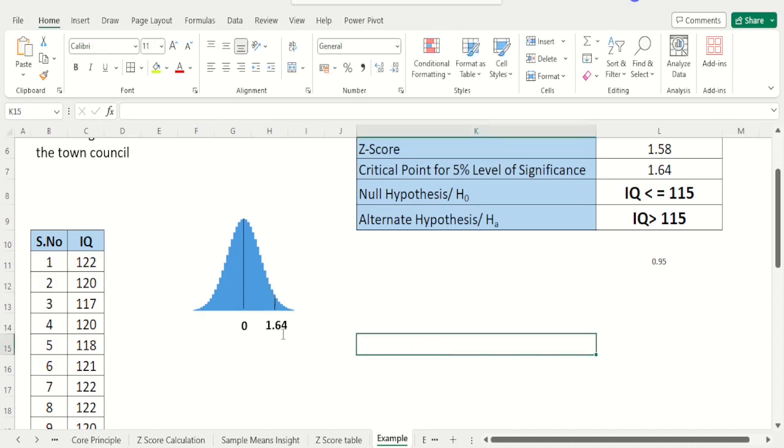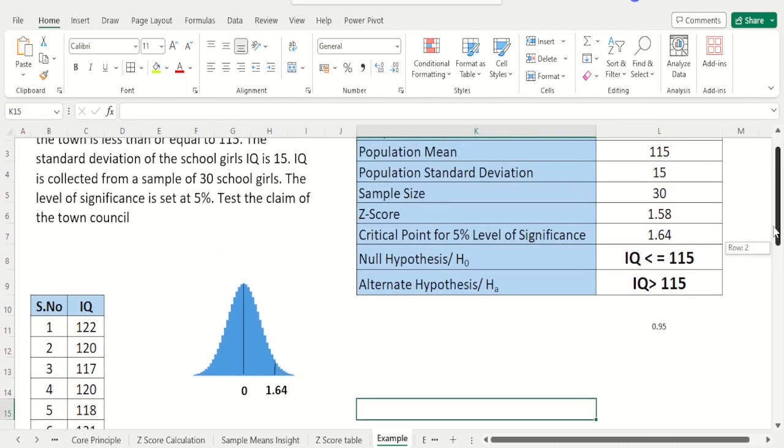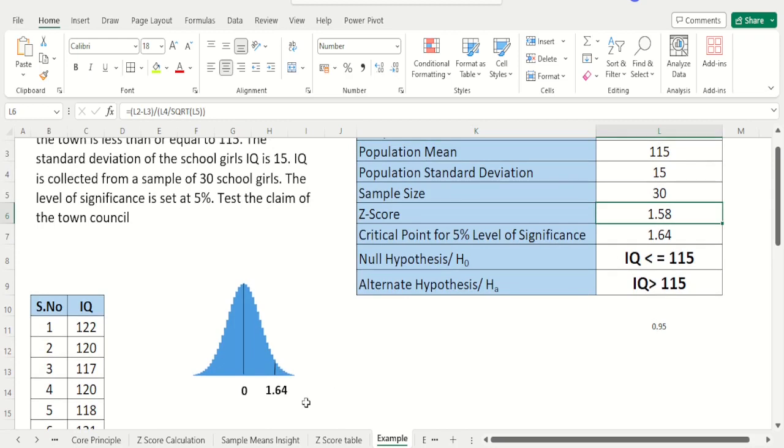So basically the area that is beyond 1.64 to the right, this area right here, is the area of rejection, and anything on the left side is going to be the area of non-rejection. Now, where do you think the z-score of 1.58 lies? You will see that 1.58 is to the left of 1.64. In other words, it's in the area of non-rejection.